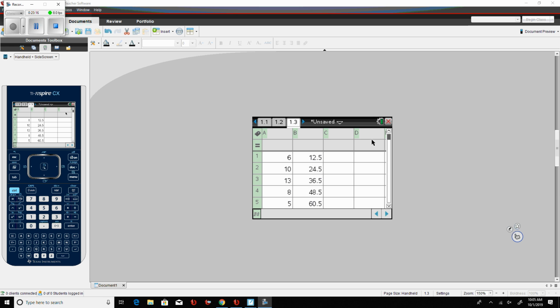Always double check your numbers, because if you make one error, everything's going to be wrong. Okay, so from here, you see the column that we have in our notes, x times f? Instead of doing each individual one like I had to do when I was in college, you guys just go here to C, and you're just going to do A times B, enter, and then just copy those results.